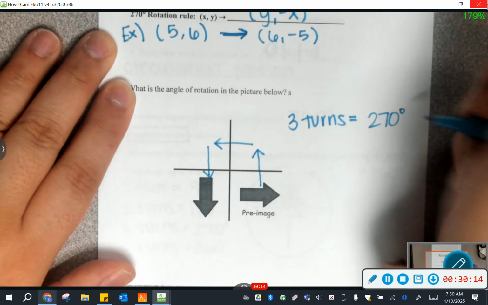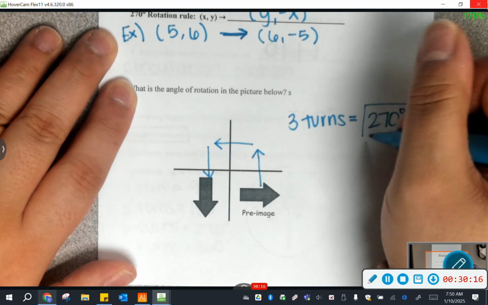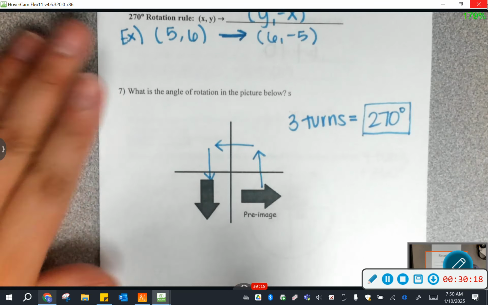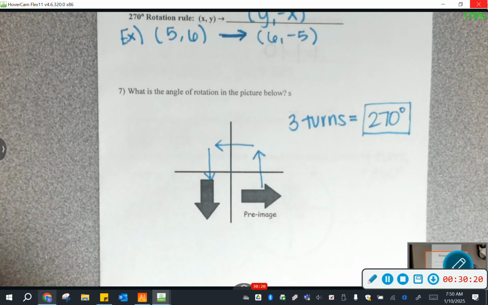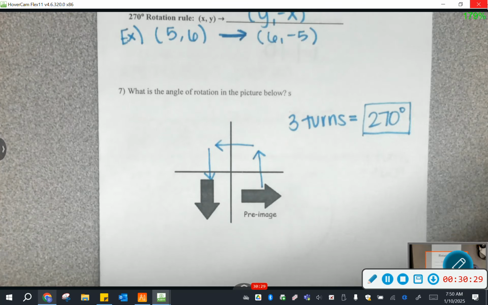So, how many degrees of rotation did this arrow have? 270 degrees. And that's the question you're going to have on your test as well. Does that make sense? All right. Are we feeling okay about rotations? They're a little wonky, but that's how they go.